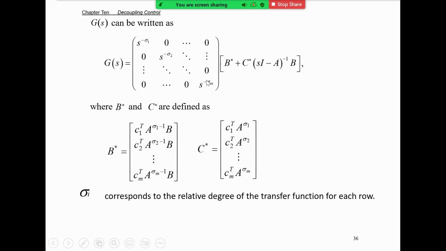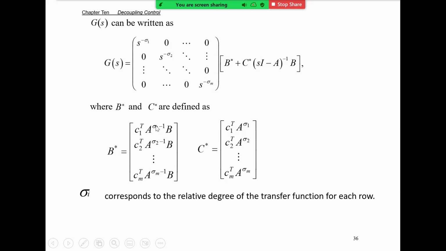I already gave you the computation algorithm for how you define the relative degree. Because when you compute those matrices, it's very important to get the sigma correct. Once you know sigma 1, sigma 2, then you can compute the B star.